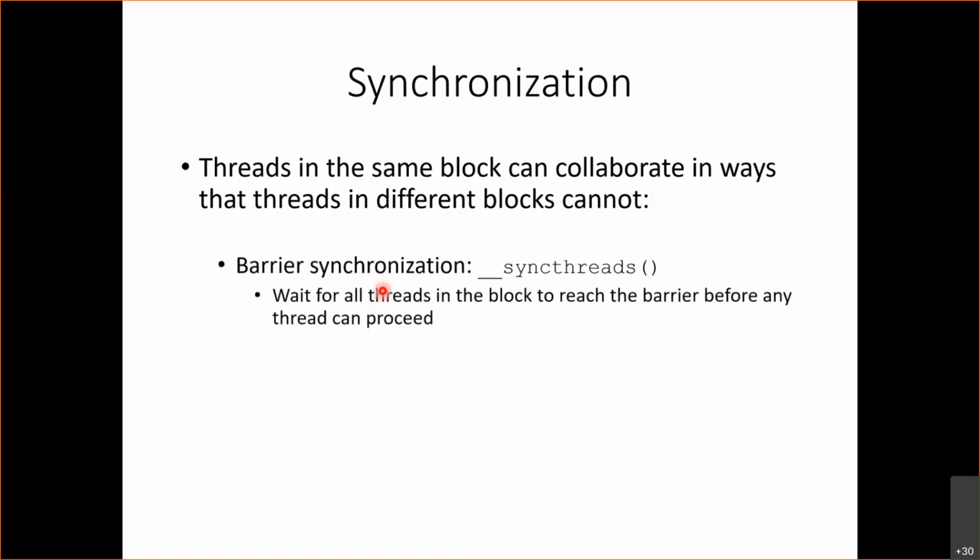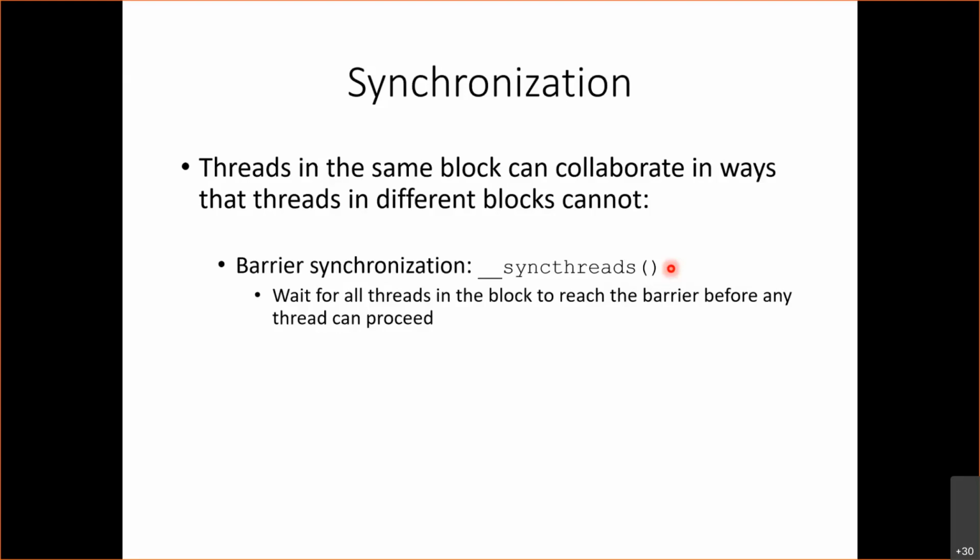Threads in the same block can call this function, or execute the instruction, syncthreads. What syncthreads does is it allows threads in the same block to wait for each other at a certain point in the code before they can all proceed. Barrier synchronization is common in parallel programming. We're not going to look at an example of how to use it today, but we will look at one later.